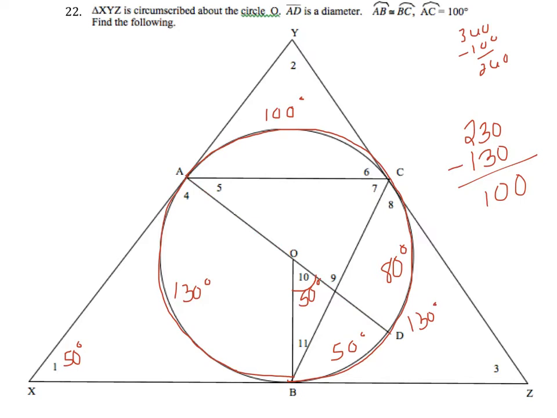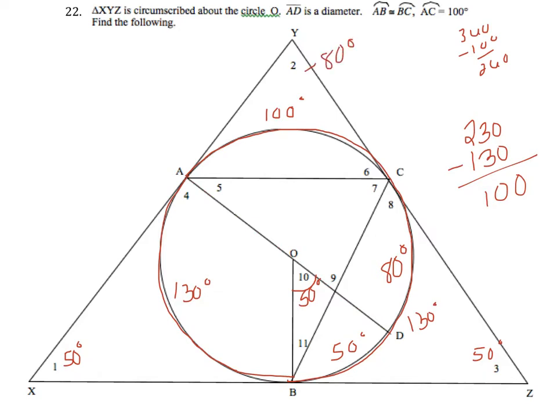Then angle 3 is also going to be 50 because if arc AB was congruent to arc CB, which is what was stated, I know it's an isosceles triangle, so those two base angles have to be the same. And then that leaves angle 2 to be 80 degrees.